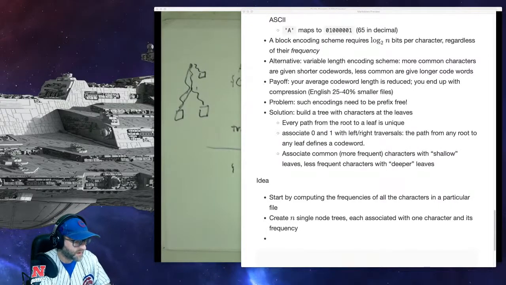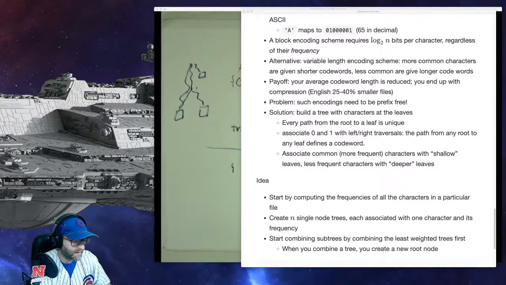And then we will start combining trees, subtrees, by combining the least weighted trees first. Right? When you combine a tree, you create a new root node and give it a weight that is the sum of the weight of its two subtrees.